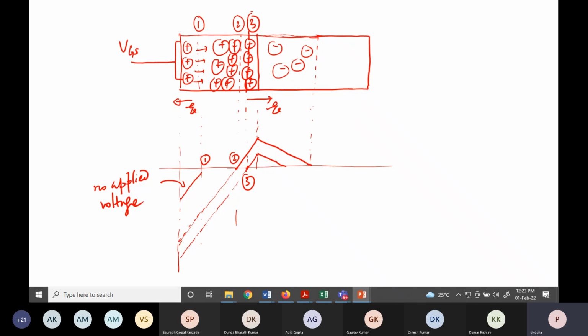So that PN plus depletion region now belongs to the Schottky metal N plus junction.